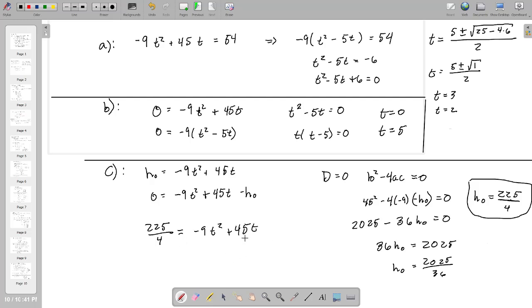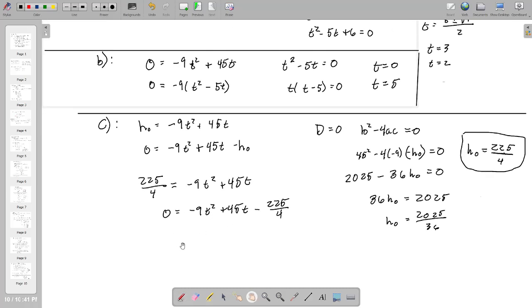Now if I subtract this over, then I get 0 is equal to negative 9t squared plus 45t minus 225 over 4, just like this. Now I can factor out a negative 9 again, just to make our number smaller. I'm going to use the quadratic formula again, but I'm going to make the number smaller by factoring a negative 9 out.